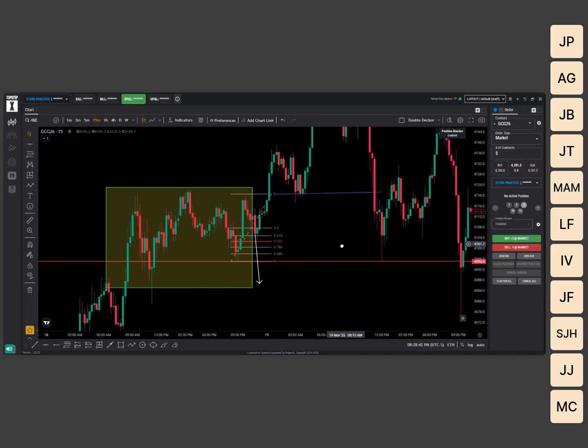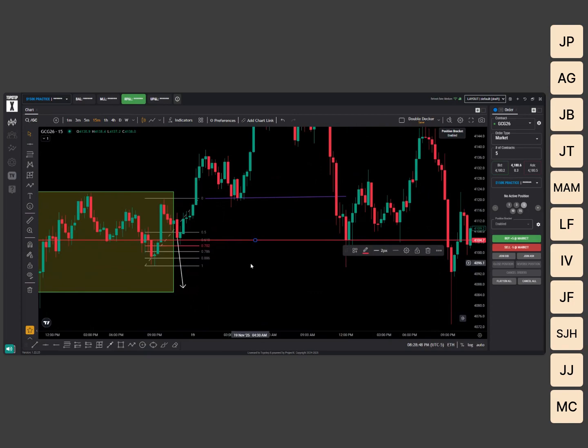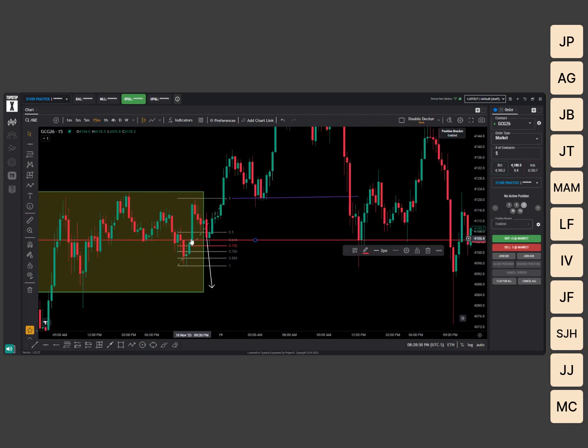I wish I could show y'all this in real time. Okay, I'm glad I found the example. So right here, price came, touched this order block, rejected it, and then pushed down. Now, Aaron, how do you know this? It's because of where the candle closed.